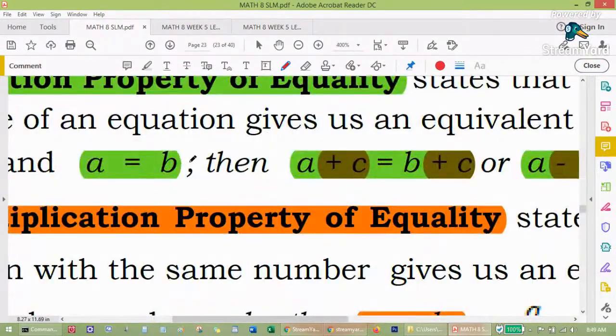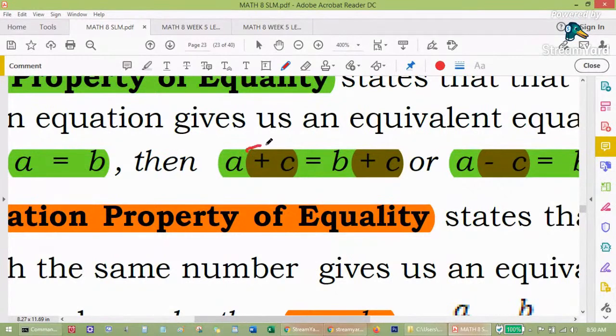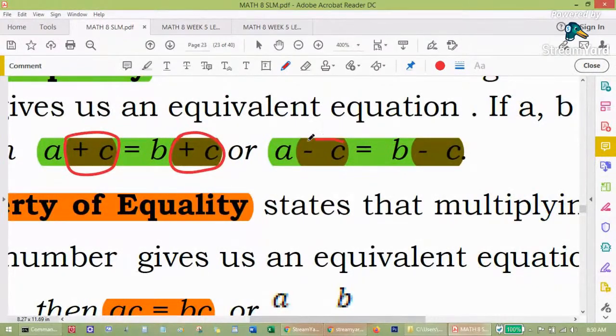Sabi dito that kapag meron kang A is equal to B, then kapag nag-plus ka ng C sa A and nag-plus ka ng C sa B, they're still equal. Or pwede ring mag-minus ka ng C sa A and mag-minus ka ng C sa B, they're still equal.